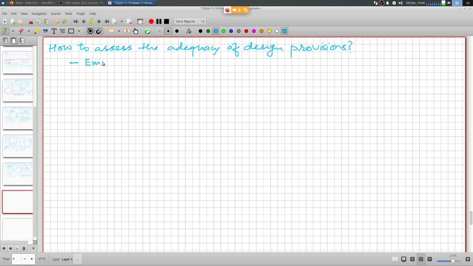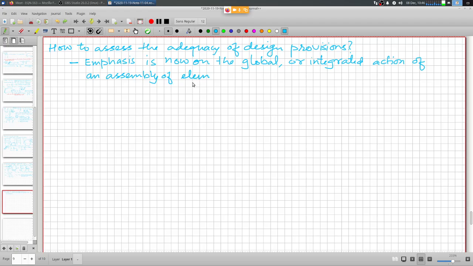Emphasis is now on the global or integrated action of an assembly of structural elements, instead of individual elements.